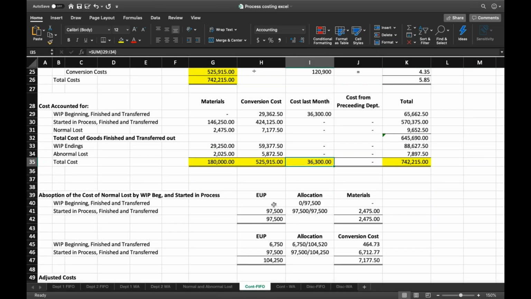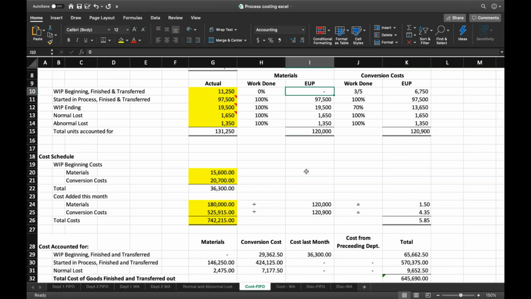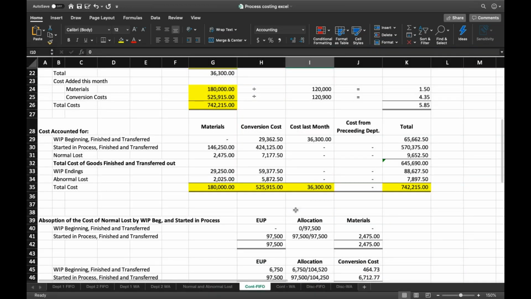For the material cost of the normal loss, since walang nagamit na material si work in process beginning, wala siyang magiging share dun sa cost of the materials of the lost units. Magkano ba yung material cost ng lost units? That is 2,475. Itong buong 2,475 should be allocated dun sa mga good units na gumamit din ng materials during the process.